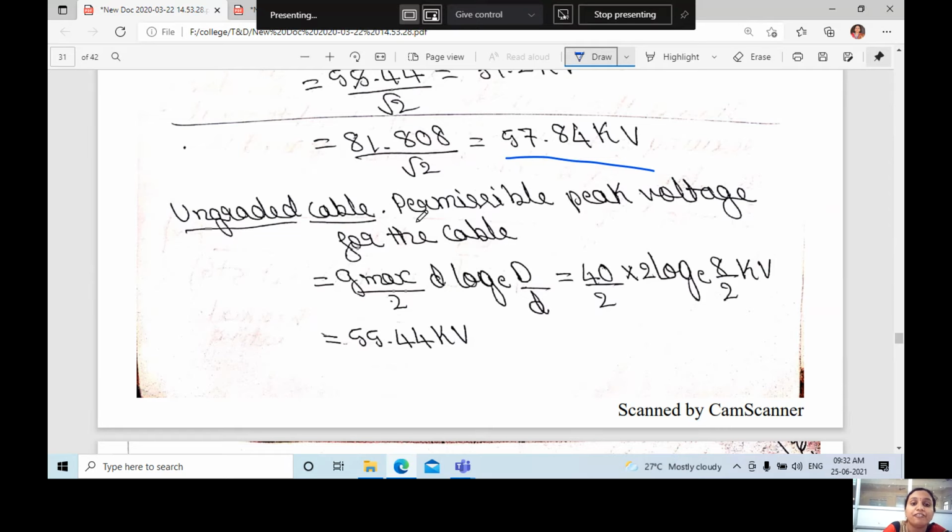If the cable is not graded, this is the formula: G max divided by 2, D log e capital D divided by D. So you will get 55.44 kilo voltage. If you observe this voltage and that voltage, the graded cable voltage is higher.